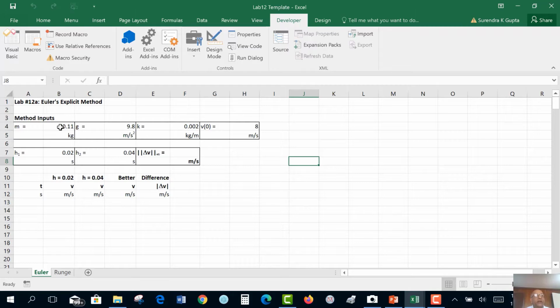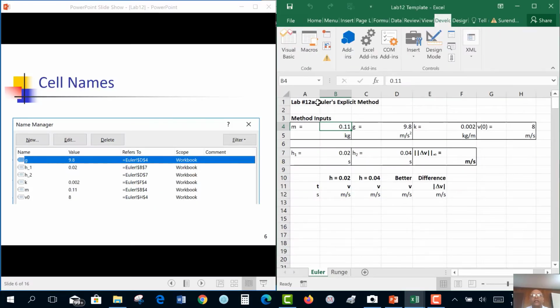All right, let's start naming cells. So this is M, this is G, this is K, and this is V0.